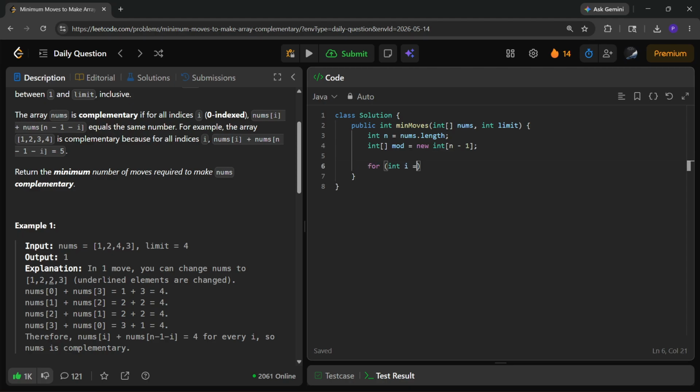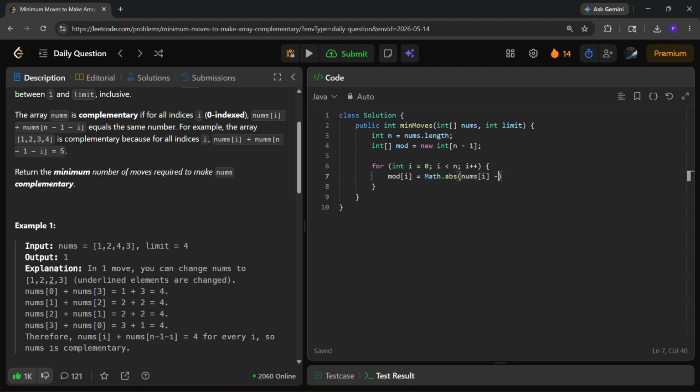Then for i equals 0, i less than n minus 1, i plus plus, mod of i is equal to Math.abs of the current index minus the i plus 1th index. And let me print mod. I cannot print it like that. For int i in mod, System.out.print i plus a space, and right now just return minus one.